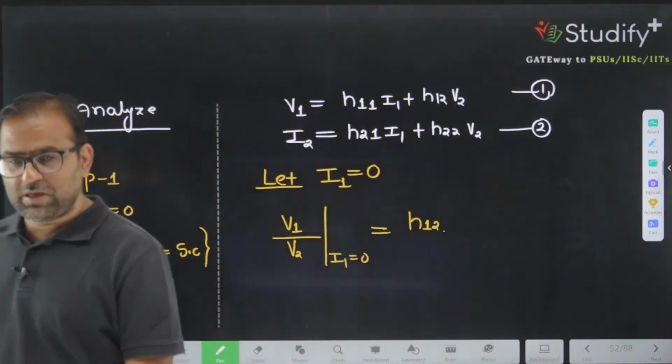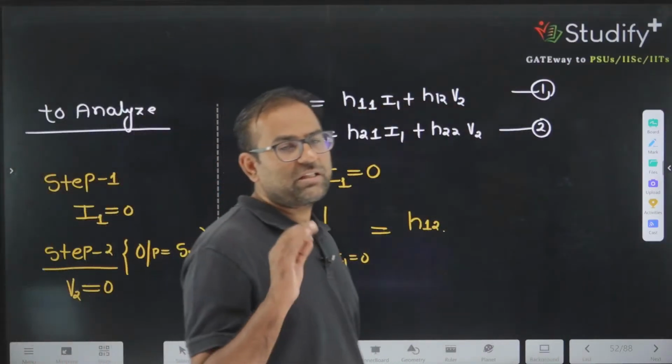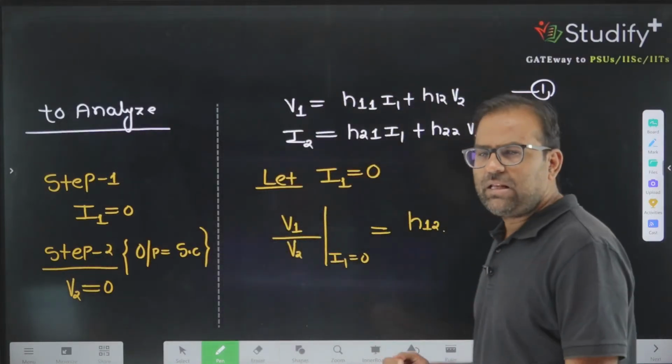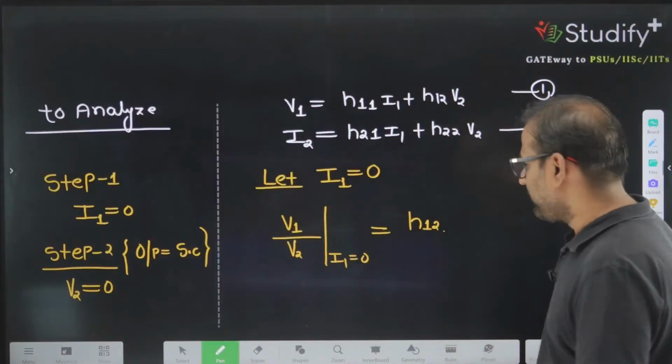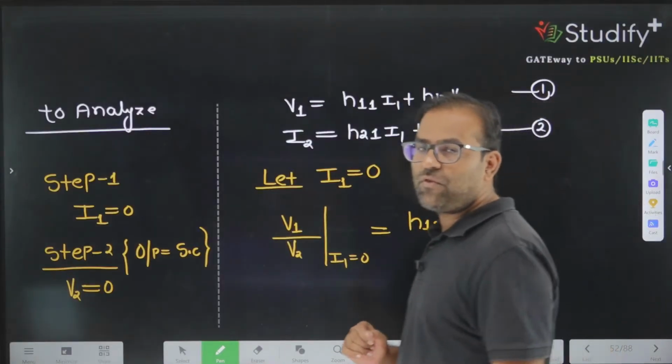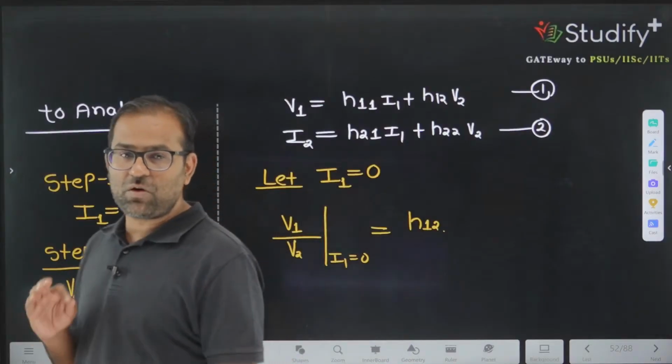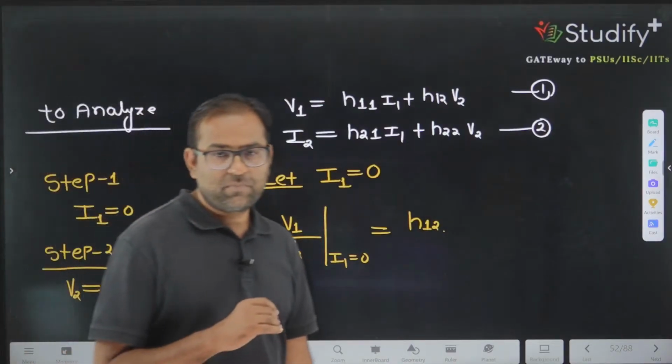This parameter is known as H12. In case of amplification, this parameter will be less than 1. In case of a common emitter transistor, this parameter is a negative parameter. But yes, it is defined only for linear networks. For a non-linear network, it will not work.